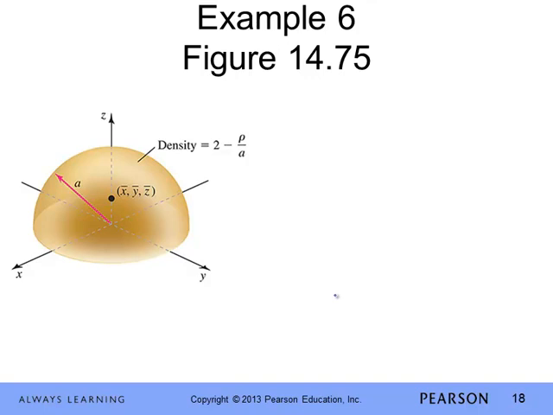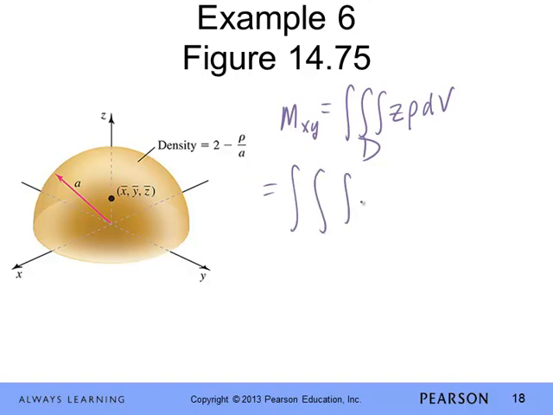So again, we need to find the moment with respect to the xy plane. That means that we're going to do the triple integral of z times the density dV over that region D. Now we want to switch over to spherical coordinates.